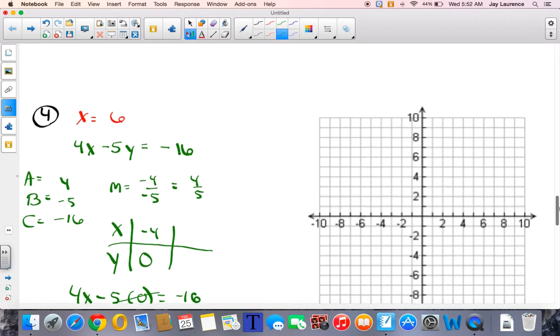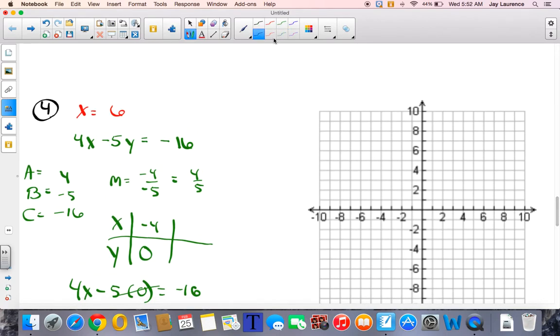Okay, x equaled negative 4, and put in my labels on my graph. And so my x-intercept is here, negative 4. My slope is 4/5, so 1, 2, 3, 4, and 1, 2, 3, 4, 5, and 4 up, 5 right there. So I get a nice line going like this, okay?